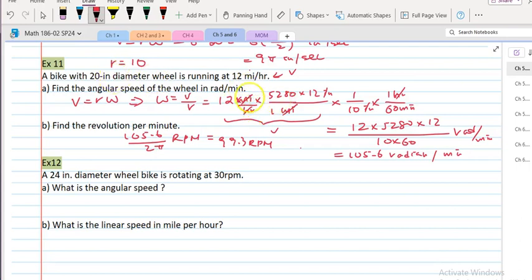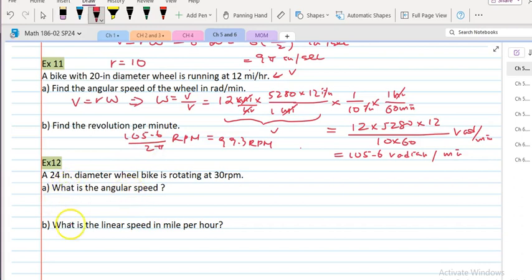So first of all, you change the miles into inches. 1 mile is 5280 feet times 12 inches. And 1 hour is 60 minutes. And then have it divided by R. R is 10 inches, and that would be it. And to find RPM, you divide by 2 pi.